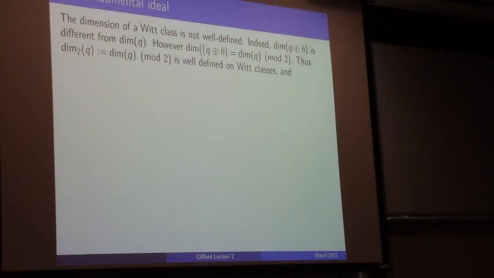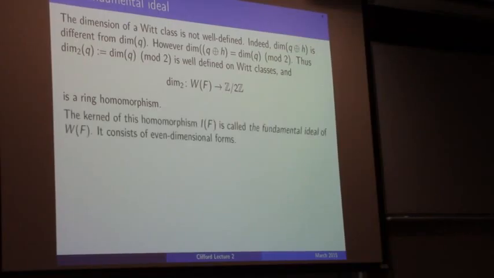It's only defined modulo 2 because we can add hyperbolic forms, and mod 2 that doesn't change the dimension. So we have this homomorphism from the Witt ring to the integers mod 2. It's a ring homomorphism, and its kernel is what's called the fundamental ideal in W(F). It consists of even-dimensional forms.